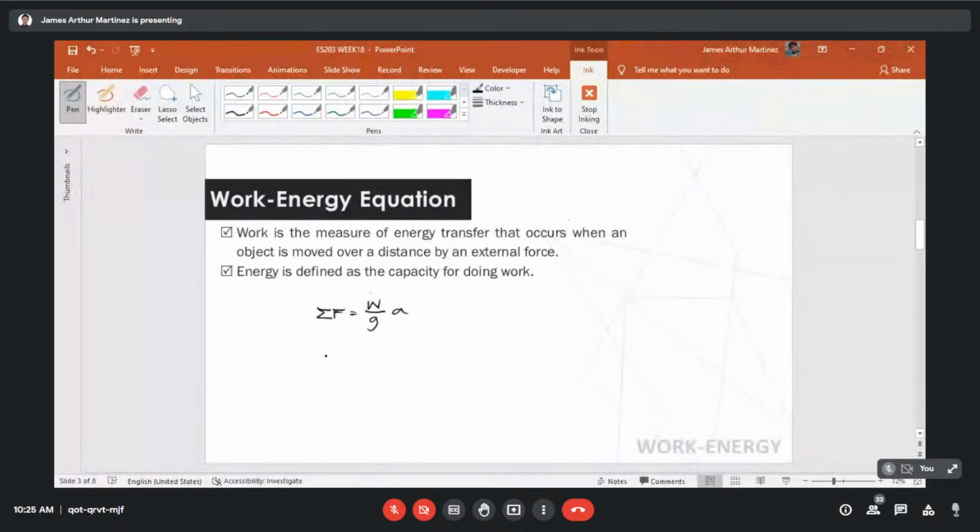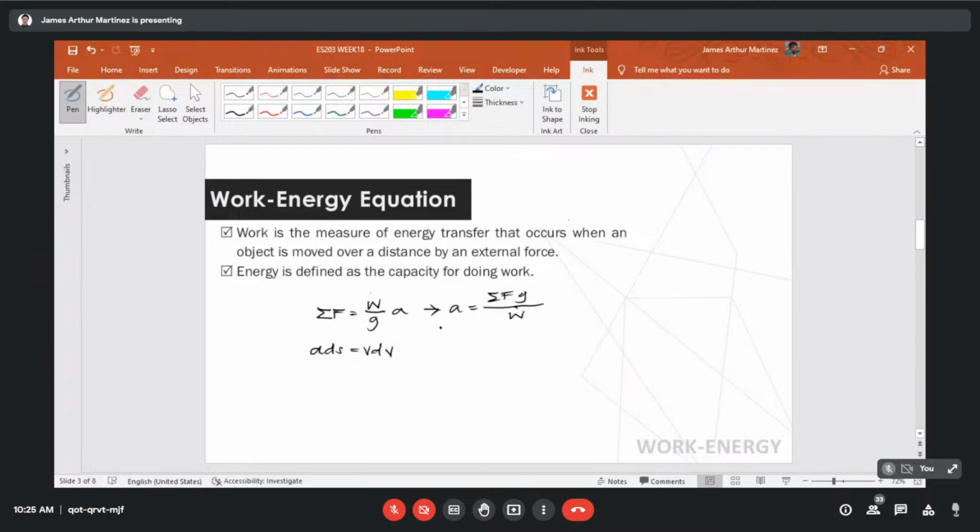And also the third kinematic differential equation, a ds is equal to v dv. If we want to eliminate acceleration, let's express acceleration in terms of the summation of forces times gravity over the weight. So we just cross multiply.